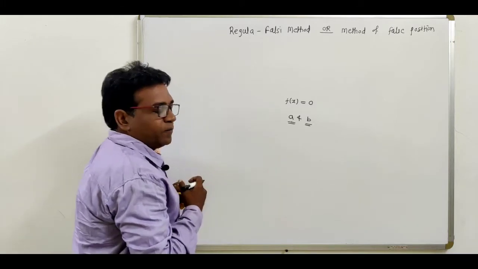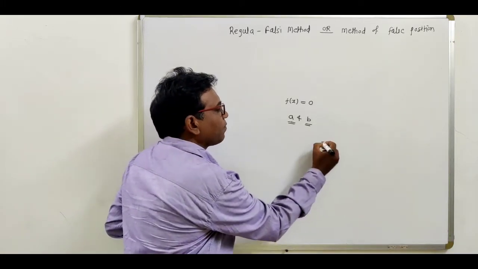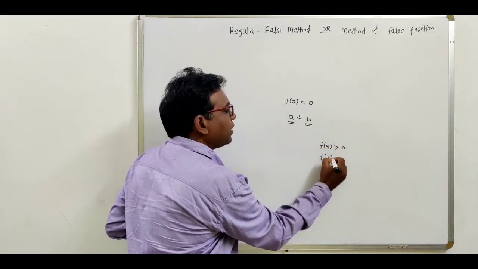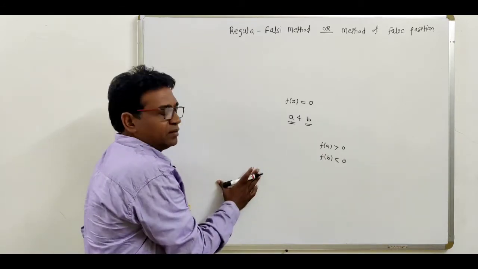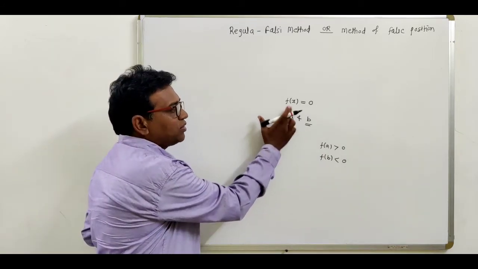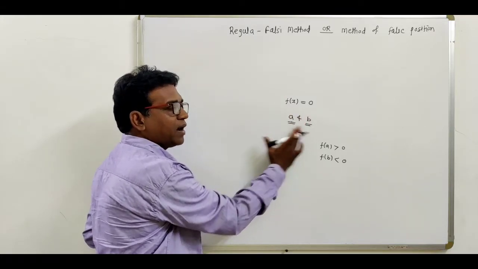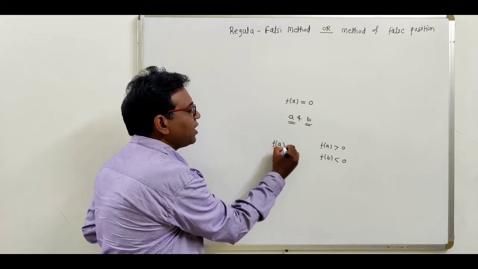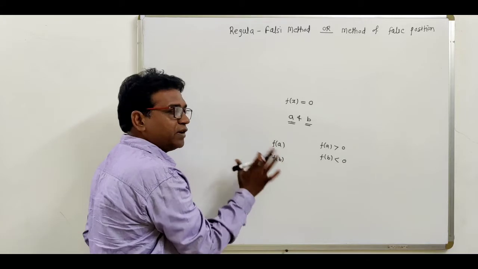Now we know that the root lies between opposite functional values. So obviously these functional values f(a) and f(b) are of different behavior.